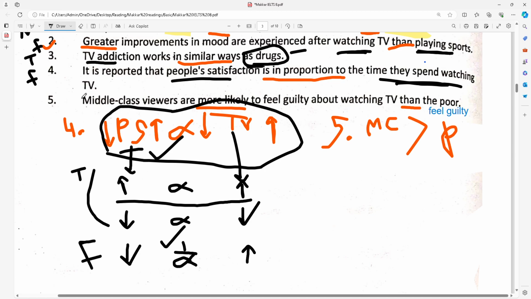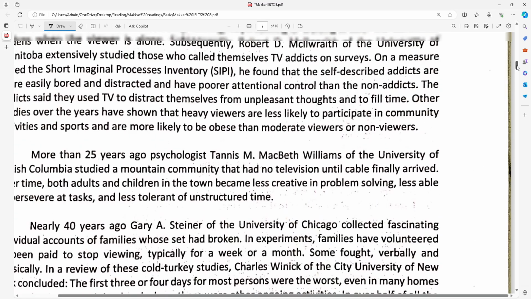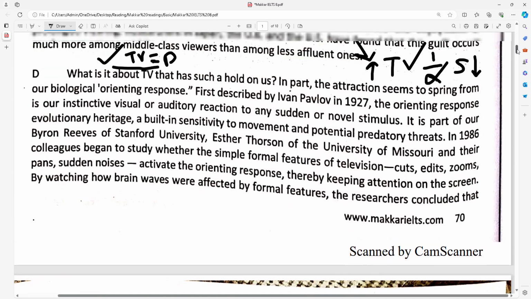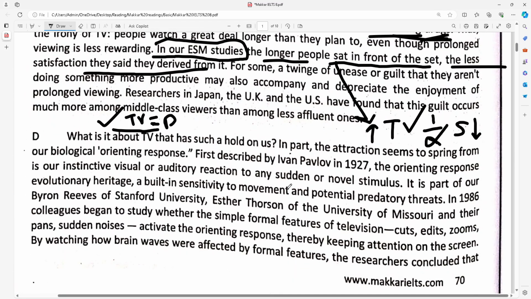Let's see next. Middle class viewers are more likely to feel guilty about watching TV than the poor. So let's see where they're talking about poor and middle class. Quickly let's read where they're talking about middle class and poor people. Let's read after this. Guilt.